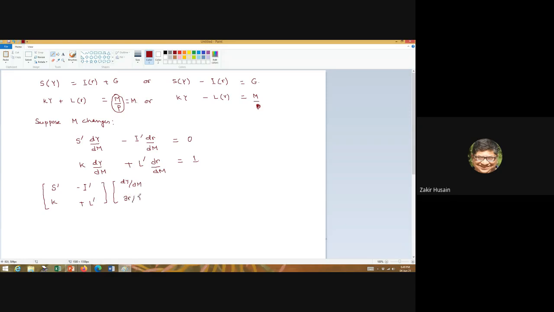sorry, these will be partial derivatives, yes, I wrote it a bit wrong. Okay, now if you want to solve for dy, sorry, this will all be del actually.